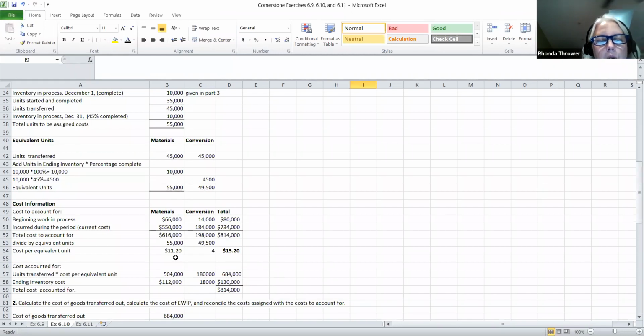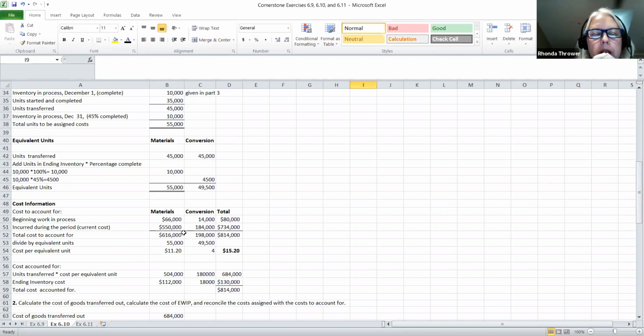So all of this information right here that was written down is just so you can calculate the cost per equivalent unit using the weighted average method. Again, in the weighted average method, we're combining our beginning inventory cost from last period with our cost of this period.